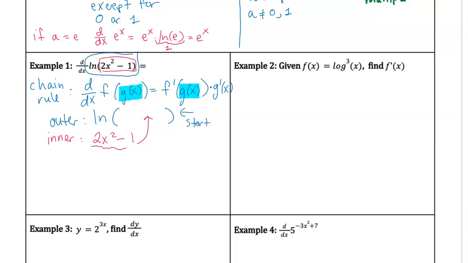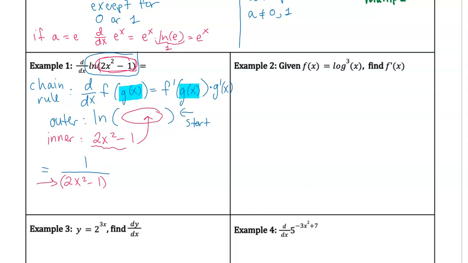So my answer for this would start by applying the derivative rule for natural log of x, which is 1 over whatever is inside. And in this case, what's inside is this entire expression of 2x squared minus 1. So that whole entire inside part of natural log is what ends up in the denominator when you're using the derivative rule.